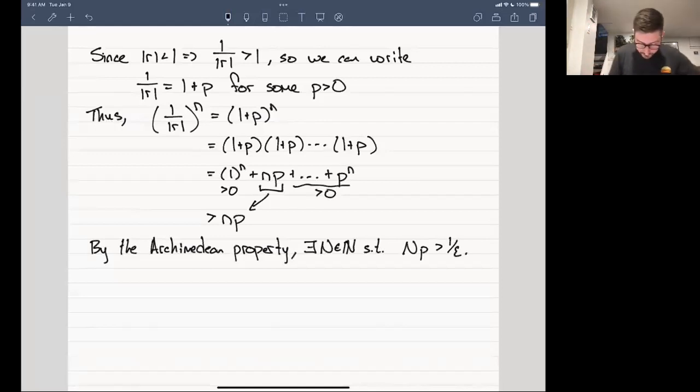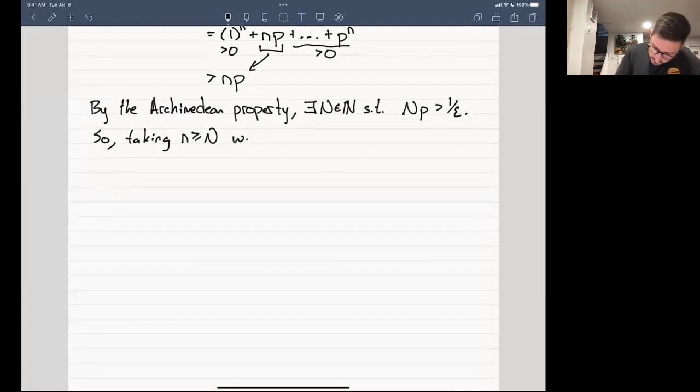So then, taking n greater than or equal to capital N, we get, well, what do we have here? 1 over the absolute value of r to the n.